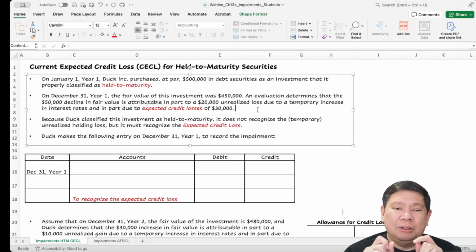We have to adjust our held to maturity securities with the expected credit loss. So it's no longer 500,000, it should be 500,000 minus $30,000 expected credit loss. Okay, so now it will be reported at $470,000.